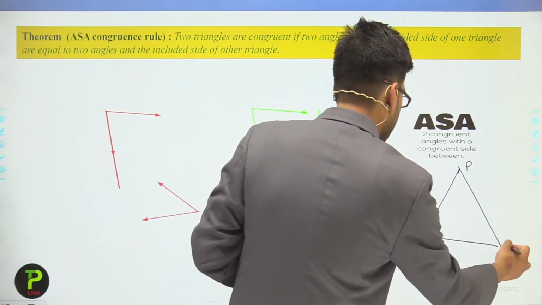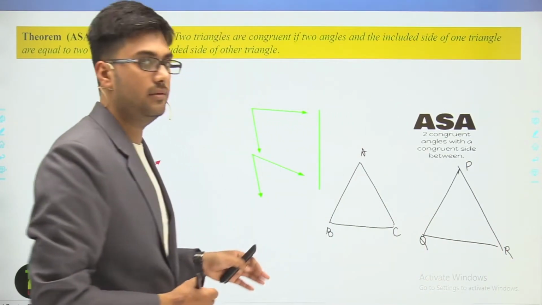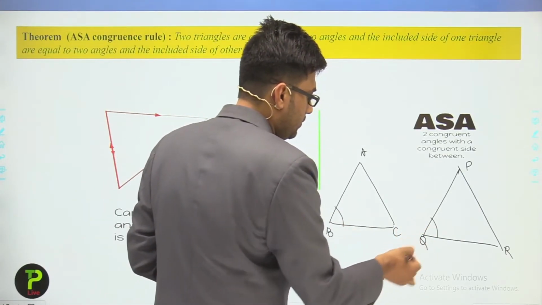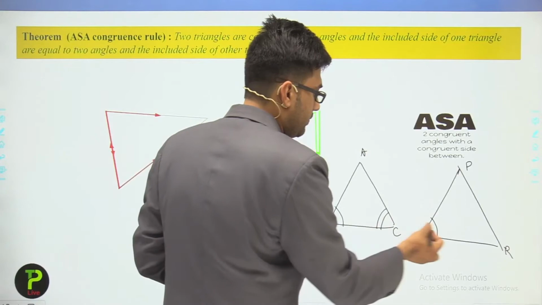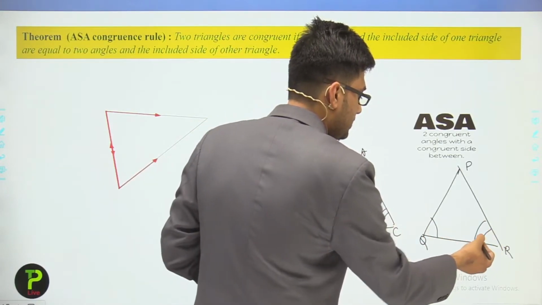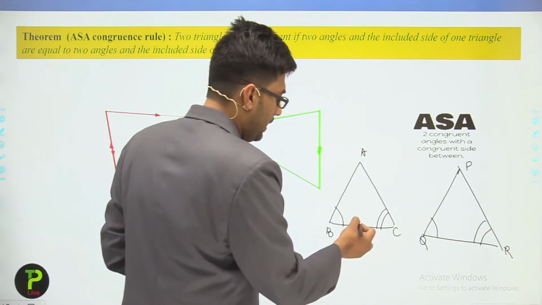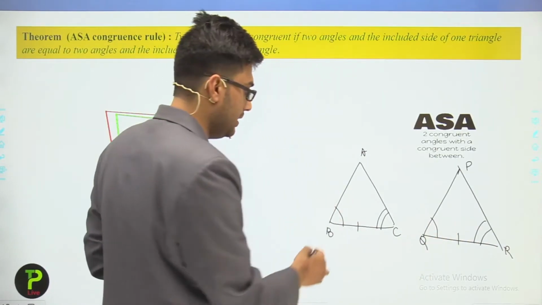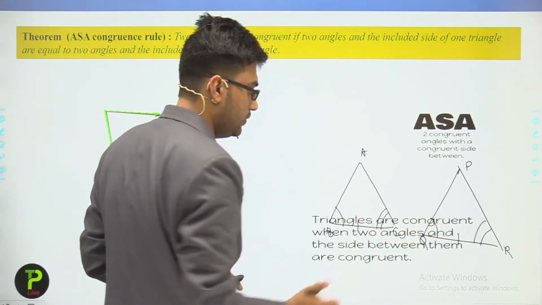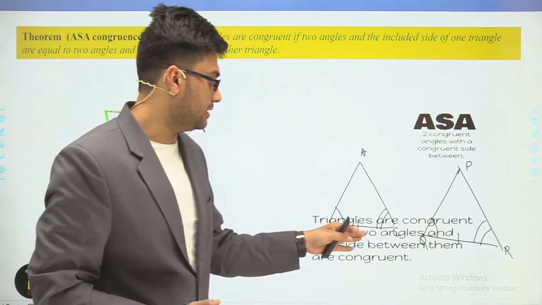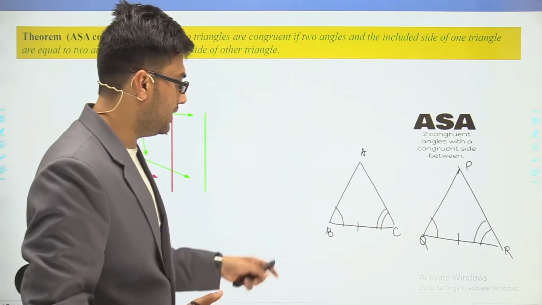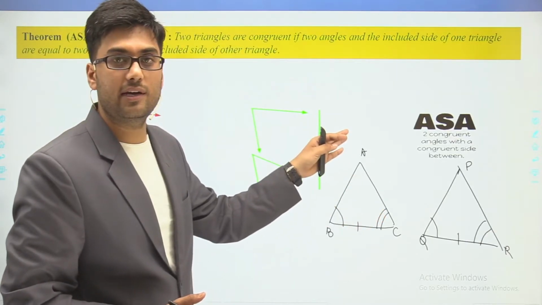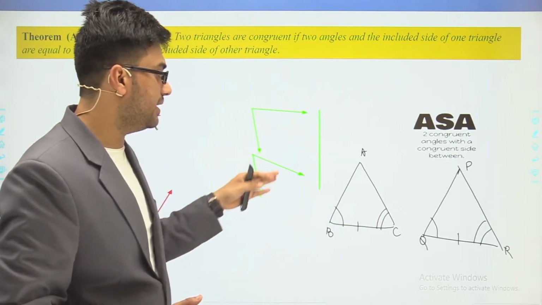These are the two triangles. And students, if angle B is equal to angle Q and angle C is equal to angle R, and side BC is equal to QR, then we can say that these two triangles are congruent by this criteria.